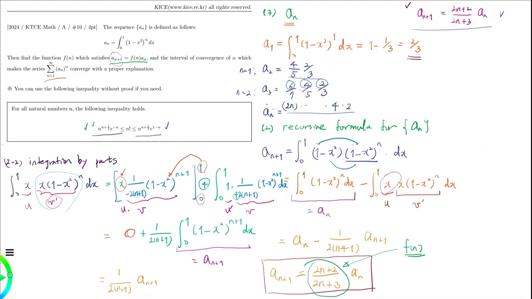And then the denominator part is a multiplication of odd numbers from 3, 5. The number of odd numbers is also n, up to 2n plus 1 here. So this is our nth term formula.